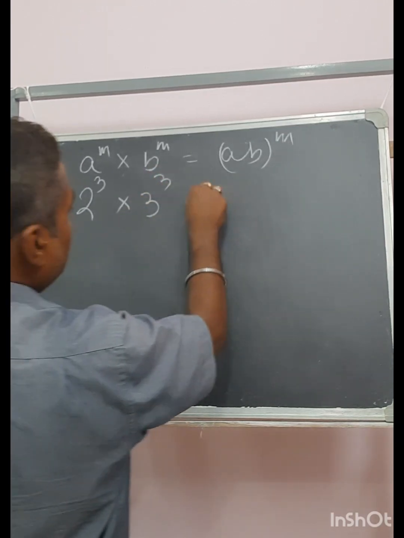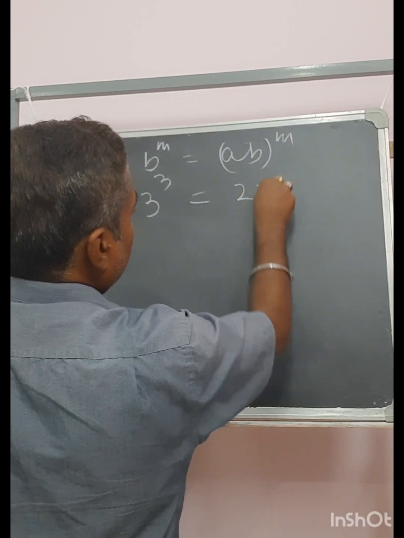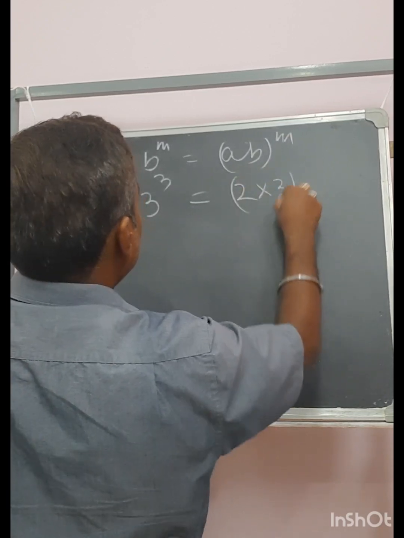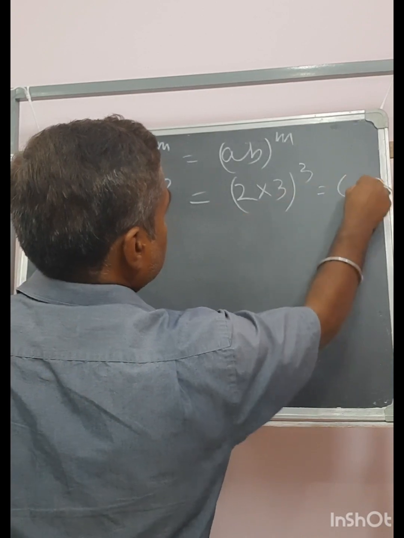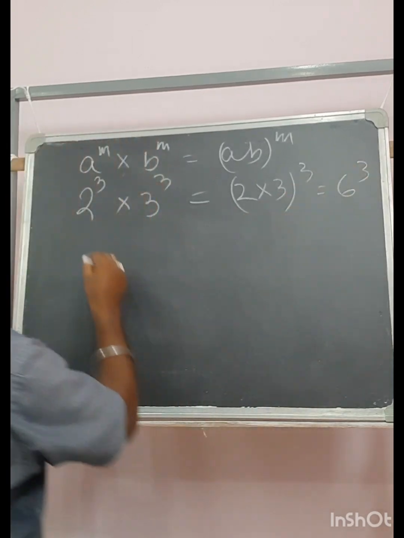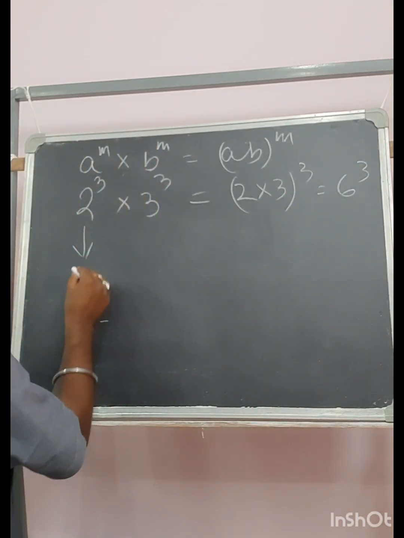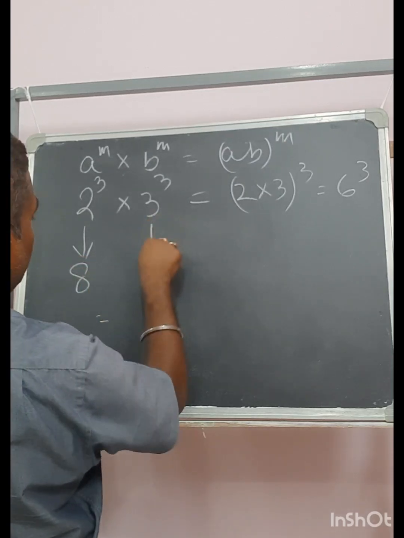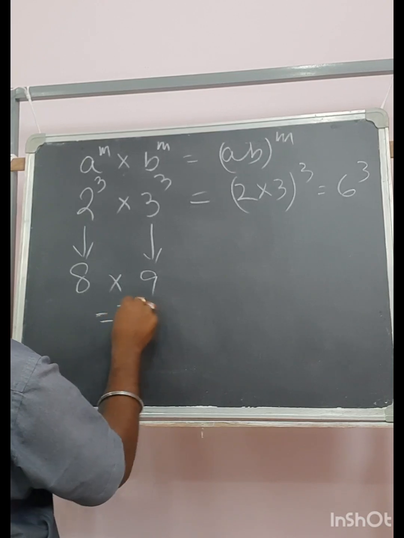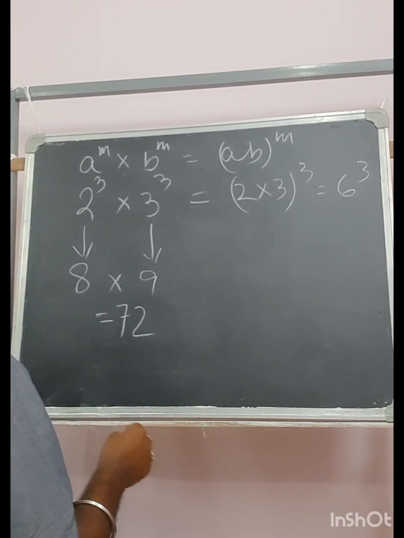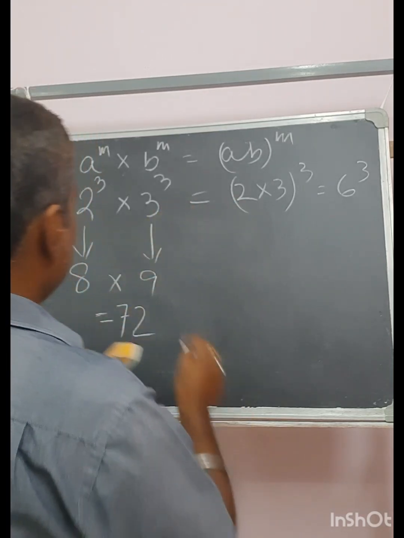So as per the rule it should be 2 into 3 whole to the power 3. So 2 into 3 inside the bracket will be 6 to the power 3. So let's find: 2 to the power 3 is equal to 8. 3 to the power 3 gives you 27, sorry.